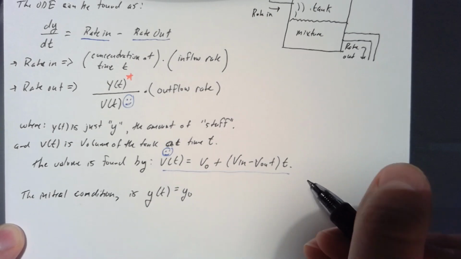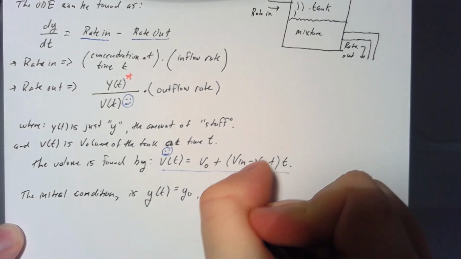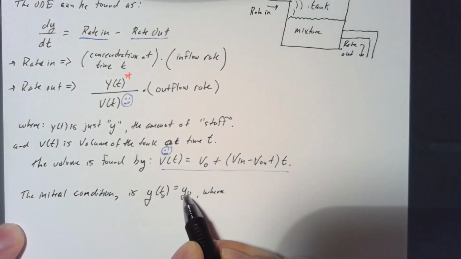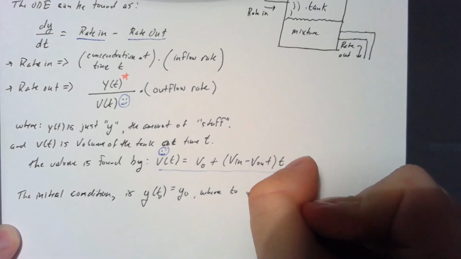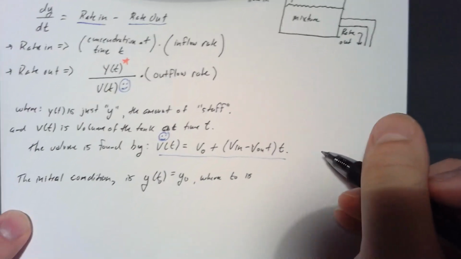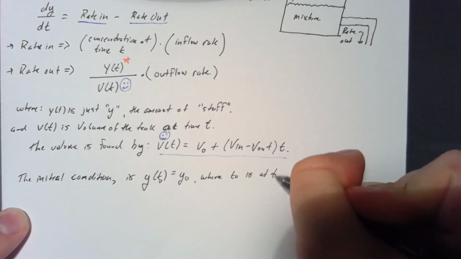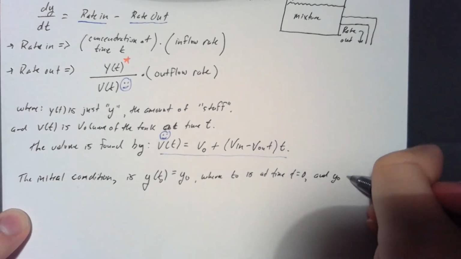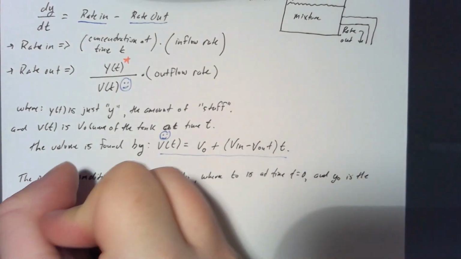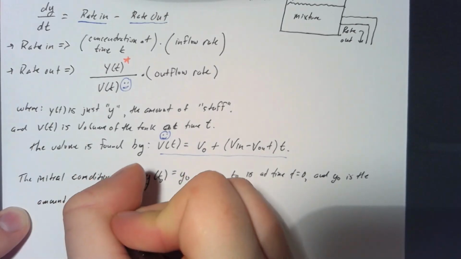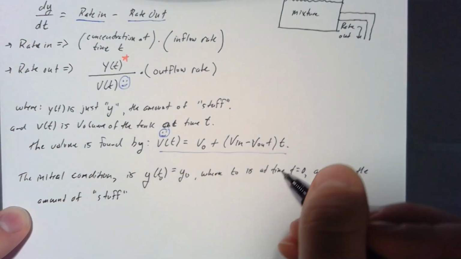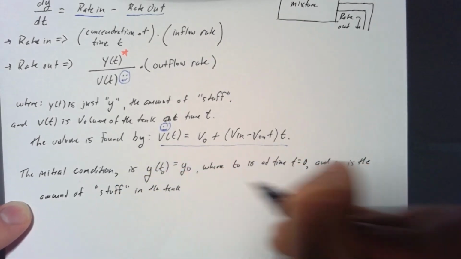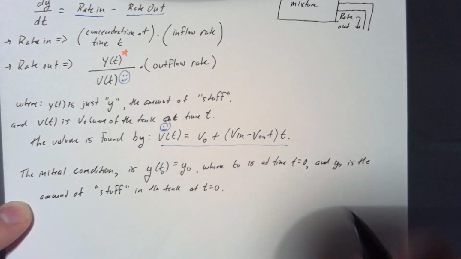That's going to be the initial condition, where I'll put a t sub 0 here to remember the initial time equals the initial amount, where t sub 0 is at time t equals 0, and y sub 0 is the amount of stuff in the tank at t equals 0.